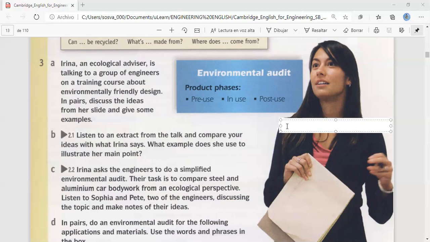So I think we can write. I don't know if you have a space there, or you can write it in another part. Let's see the answer of the letter B, what example she used to illustrate the main point.